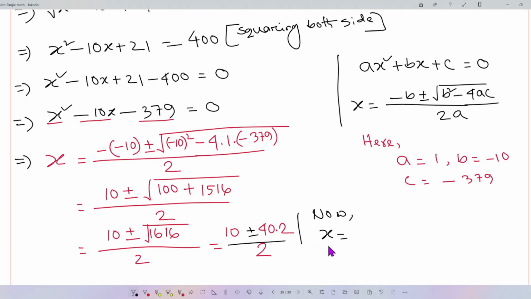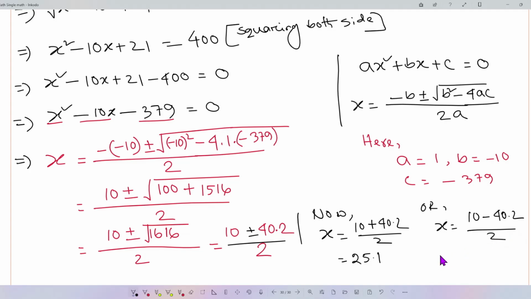Now x equals either 10 plus 40.2 divided by 2. So 40.2 plus 10 means 50.2. We can say 25.1. Or x equals 10 minus 40.2 divided by 2. So 40.2 minus 10 will be 30.2, so it means 15.1, and it should be minus.